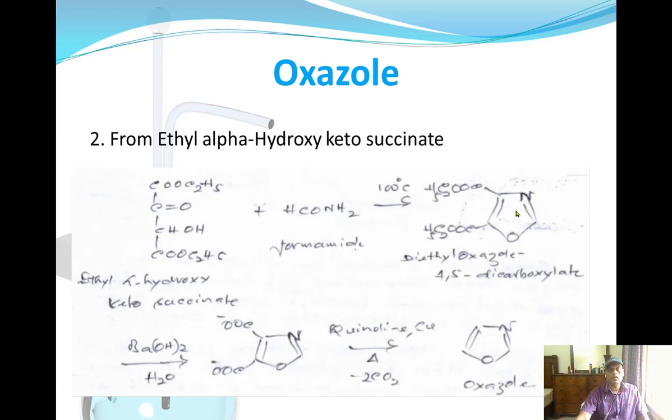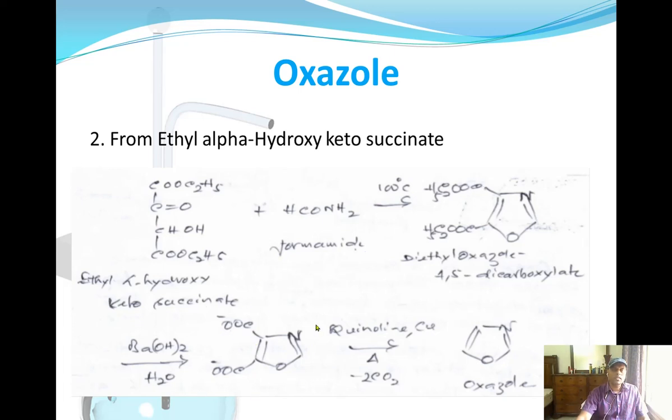That is going to react with formamide at 100 degrees centigrade. So you are going to get the cyclized ester ring, diethyl oxazole 4,5-dicarboxylate. It is still an ester, so we are going to break this ester using water. It goes through hydrolysis in the presence of barium hydroxide, and you get the acid from the ester.